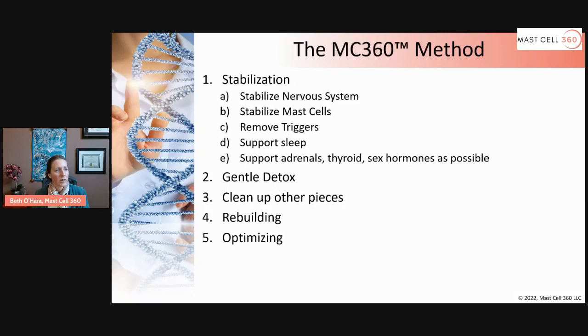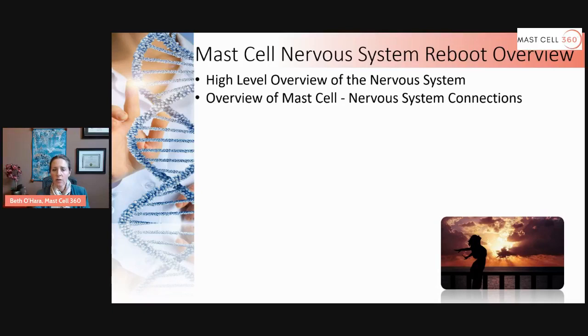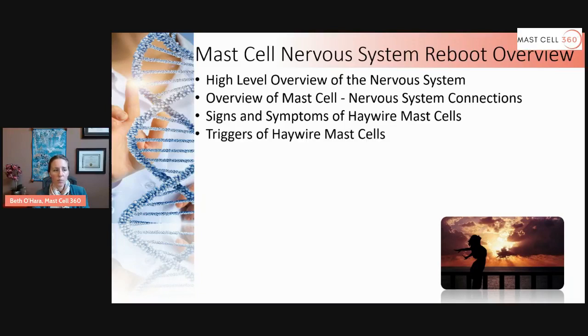And it goes through, just going to pop a little bit up because I don't want to take too much time, but for those of you who are interested, I go through a lot more details of this nervous system mast cell connections and what you need to know about the nervous system, the symptoms of the haywire mast cells. It's really important to have your score because then you use that to build your custom roadmap.